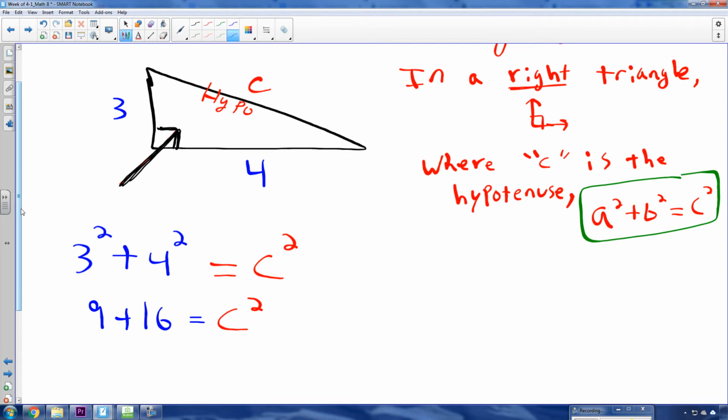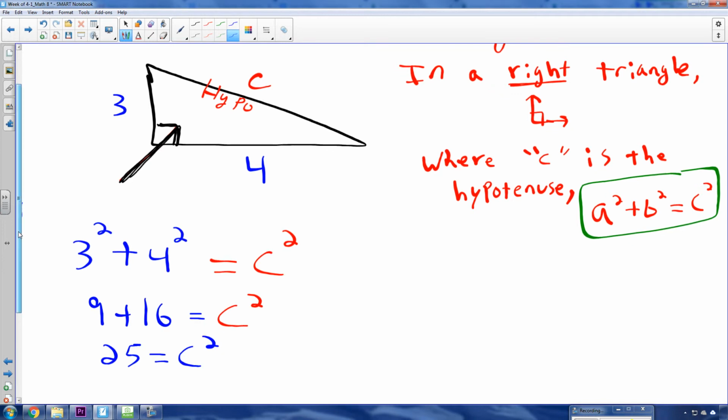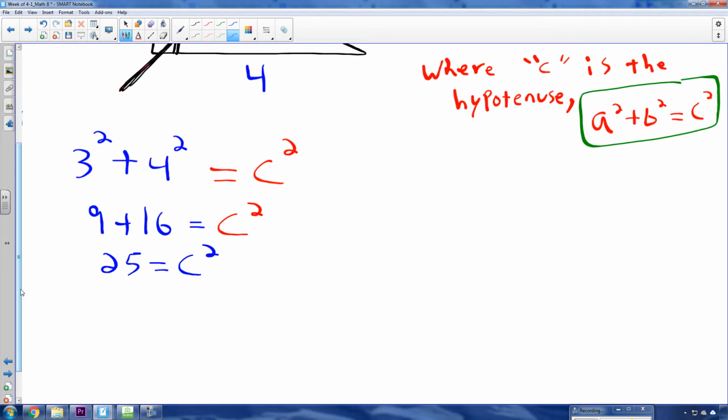So we now have 25 is equal to C squared. The question becomes, if C is now squared and we want to know what actually C was, what squared is 25? Yes. 5 squared is 25. So C must be 5. C equals 5 for that reason.